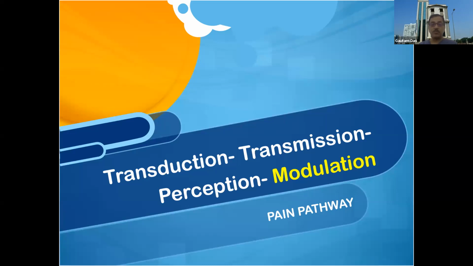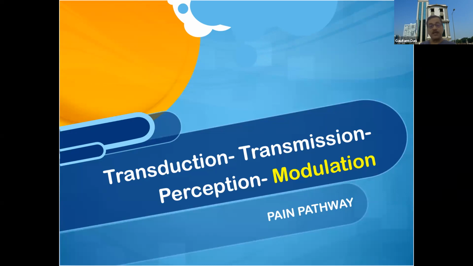But modulation, in most textbooks, even in our anesthesia books, we have not read about what is called pain modulation. We have read the pain pathway in our anesthesia book as well, but I don't know whether the recent books cover it. But the term modulation is not there. Without understanding pain modulation, your understanding of the pain pathway is completely incomplete.